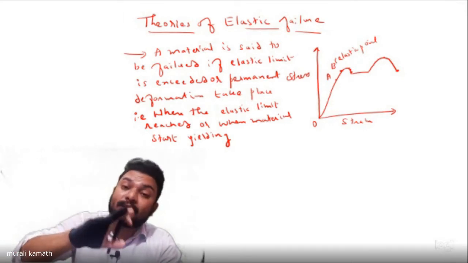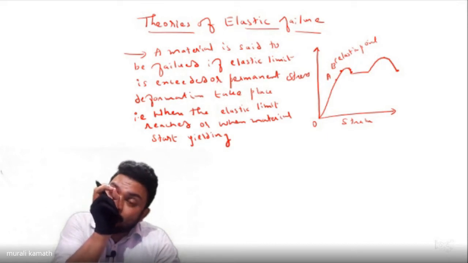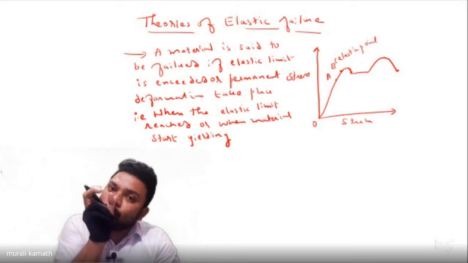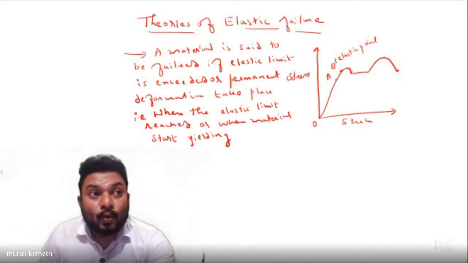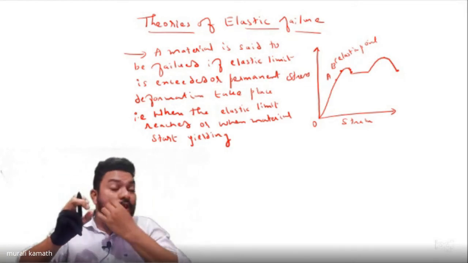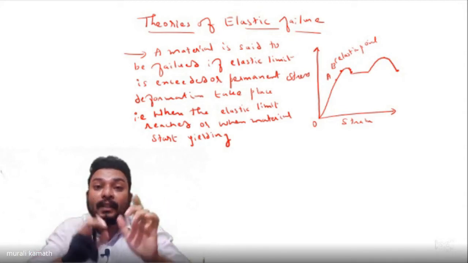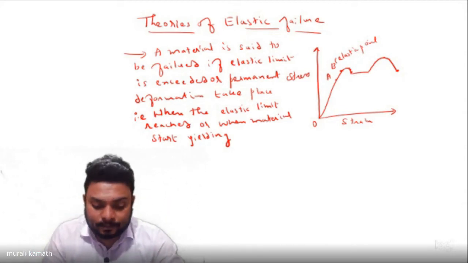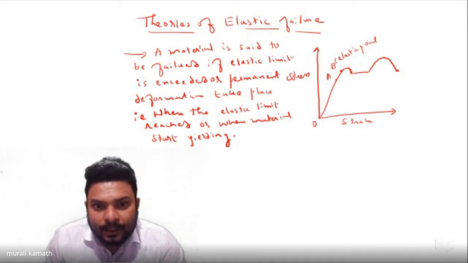I always told you that yield means whenever you load your bars, at the yield point you will check the bars and there will be a change in your material. Wherever you find the change in your material, that time it is yielding.